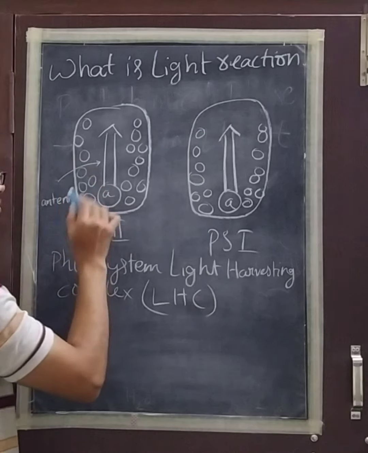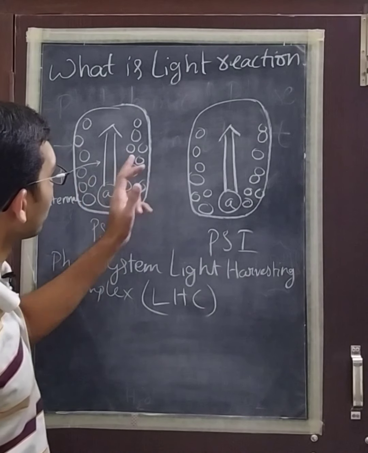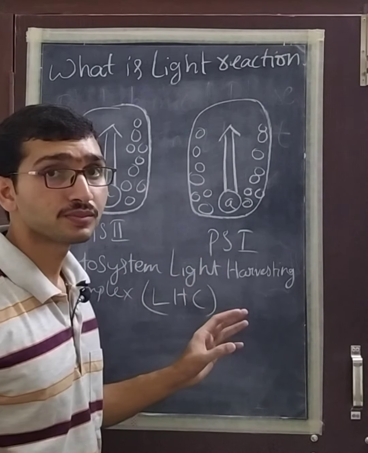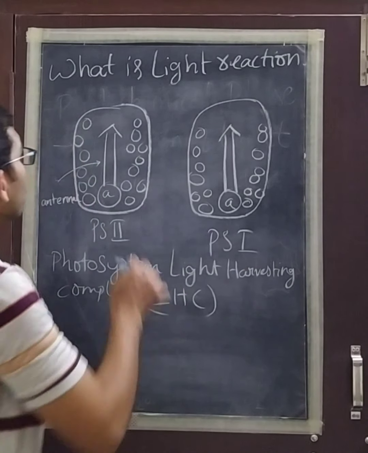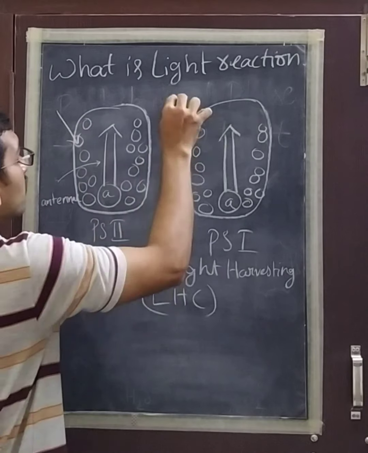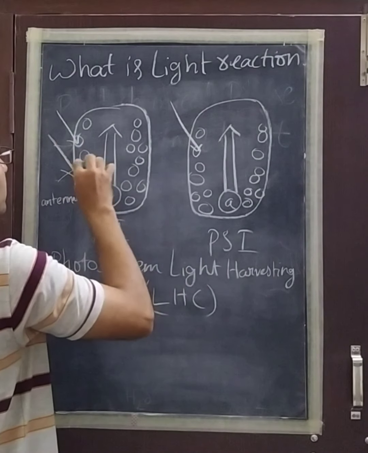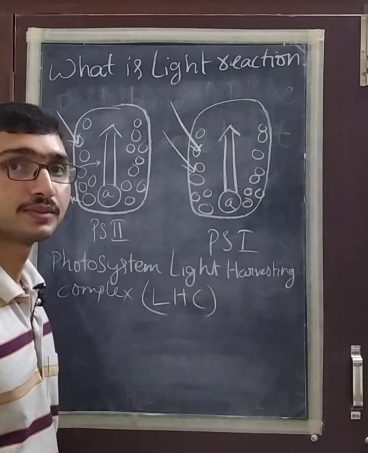Why antennae? Because it absorbs the light. All these pigments are helpful for making photosynthesis more efficient by absorbing different wavelengths of light.